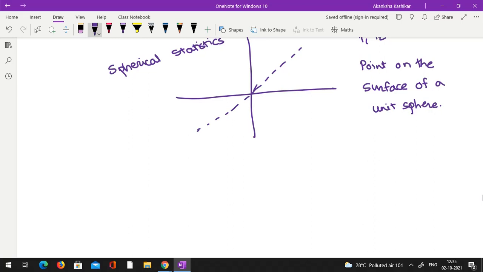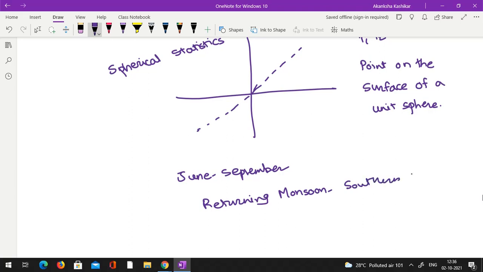You have the regular monsoon that comes normally between June and September, and then you have the returning monsoon, which is not present in all areas. The returning monsoon is generally more in the southern and eastern parts of the country.